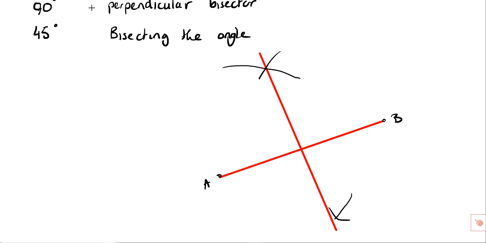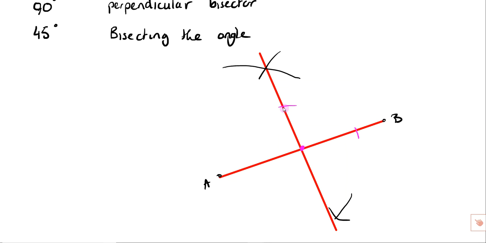So then, to get my 45-degree angle, I need to cut that in half. So change the colour. This then becomes the corner of my angle. So I put my compass at that point. I go arc, arc, okay?